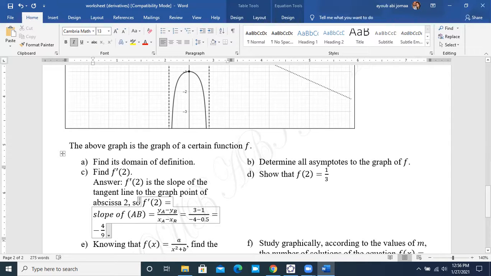Okay, parts A and B we solved yesterday, and you have them.